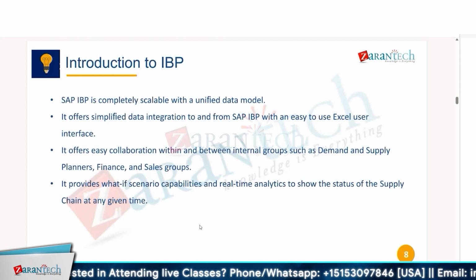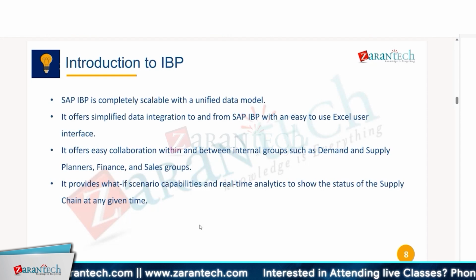As I mentioned, it offers easy collaboration within and between the demand planner, supply planner, finance, and sales groups. As I mentioned in the beginning, it is not only the process which gets integrated, it is people who get integrated in the IBP process. So every single person in the organization knows the constraints or issues in the other department, and also knows what is going well in the other department.